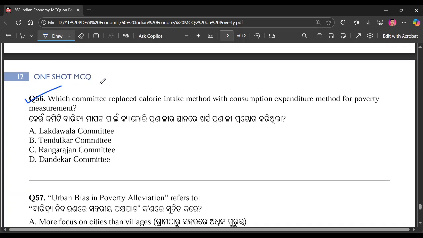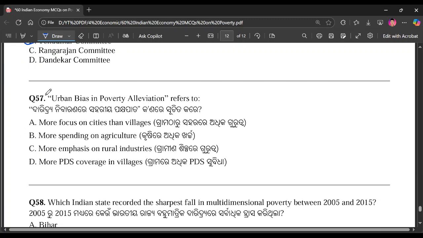Question number 56. Which committee replaced the calorie intake method with the consumption expenditure method for poverty measurement? Right answer is option number B. Question number 57. Urban bias in poverty alleviation refers to?